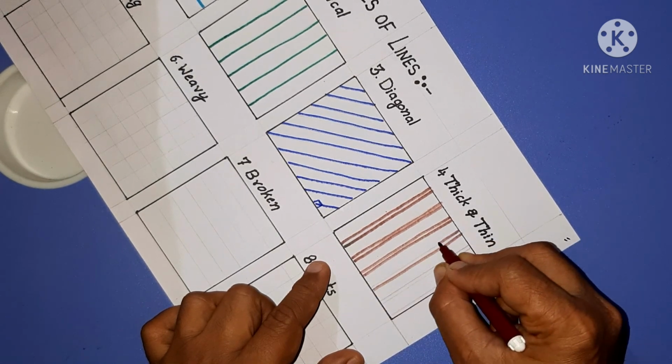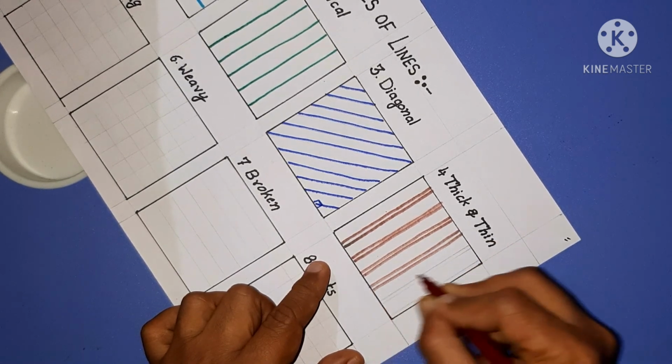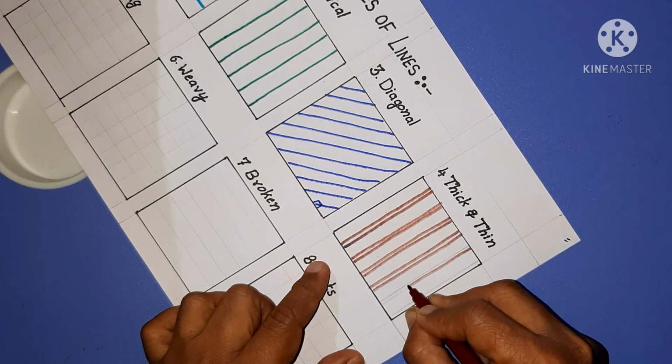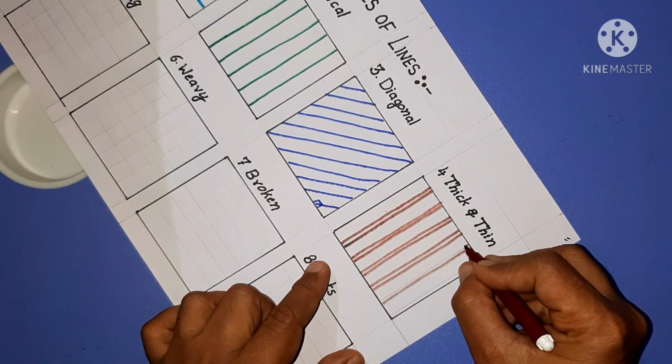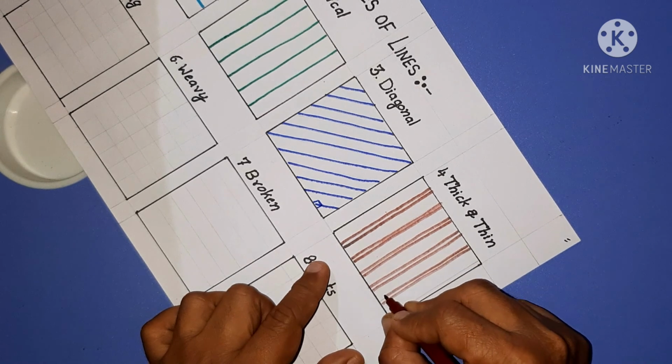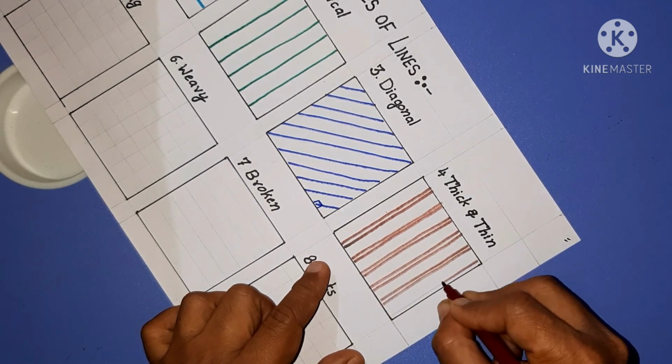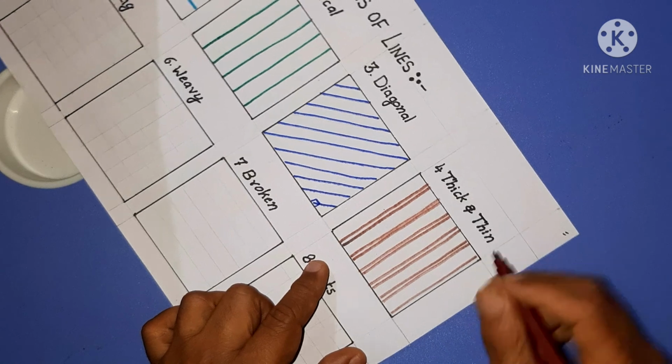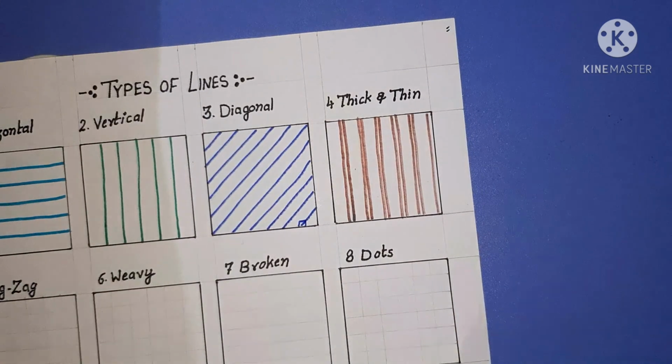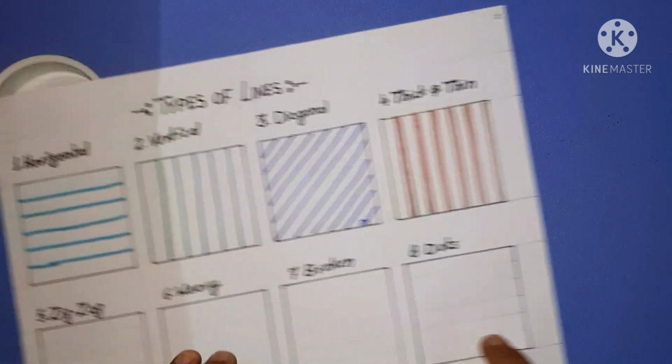I am making it freehand because I have traced it with a pencil at the bottom, or you may just use a scale. This is a thick and thin line.